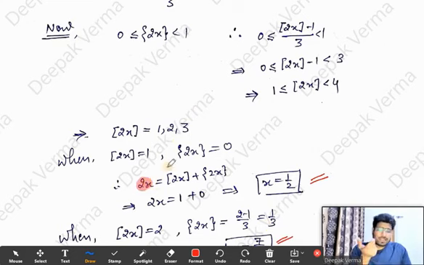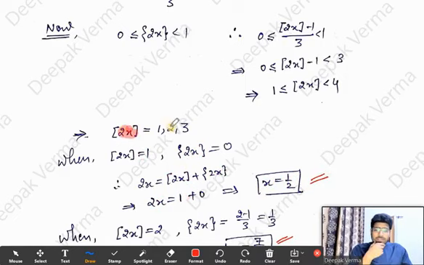So 2x is any number, this is integral part plus fractional part. Got it? It's the definition of fractional part. Earlier in previous lectures I told you. The fractional part of 2x is 0 and box 2x is 1 here. So we get 2x equals 1, that is x equals half. This is one of the solutions.